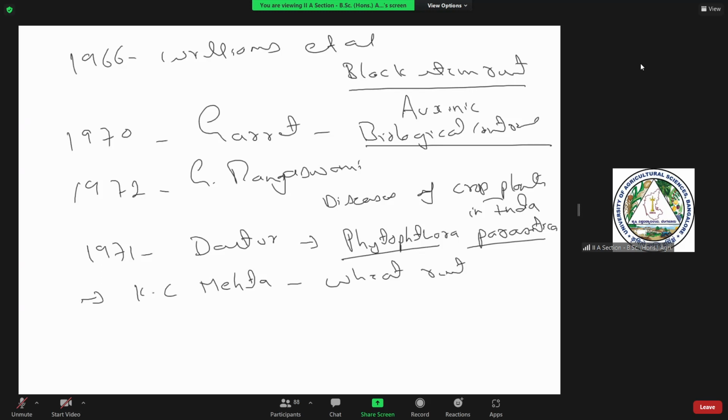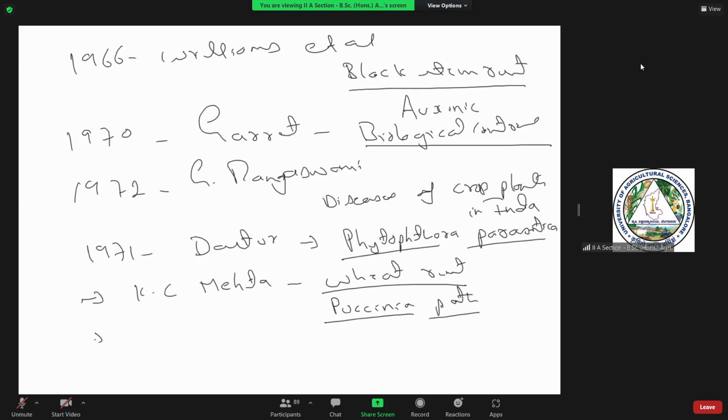It is K.C. Mehta, and he was also responsible for the identification of the Puccinia path in India. Puccinia is again a stem rust. He identified how this pathogen moves from South India to North India, the pattern of movement of this particular pathogen.